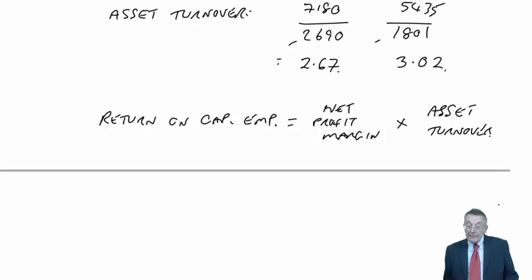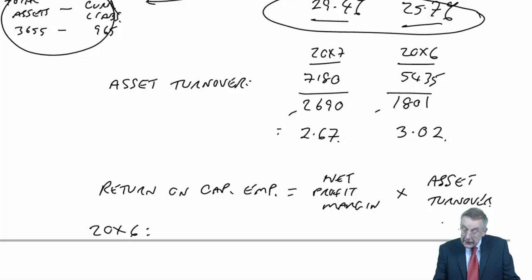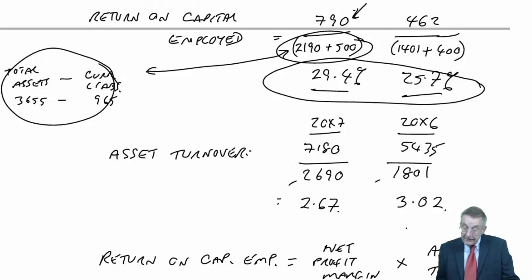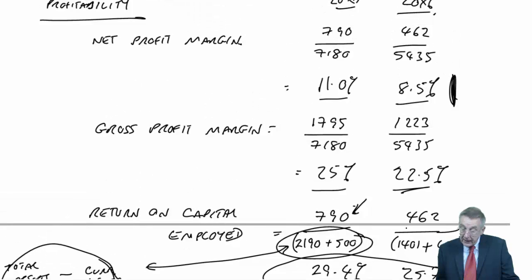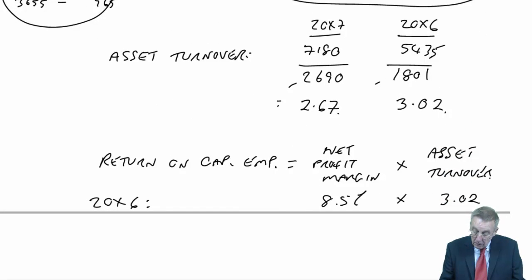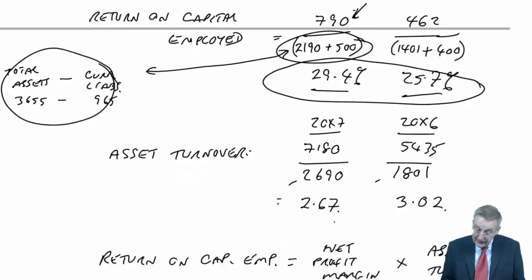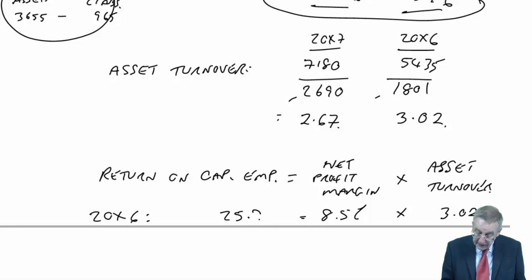So if I just look at the 2 years, in 20x6, asset turnover was 3.02. The net profit margin was 8.5%. And so the return on capital employed is 25.7. Yes, which agrees with what we calculated.